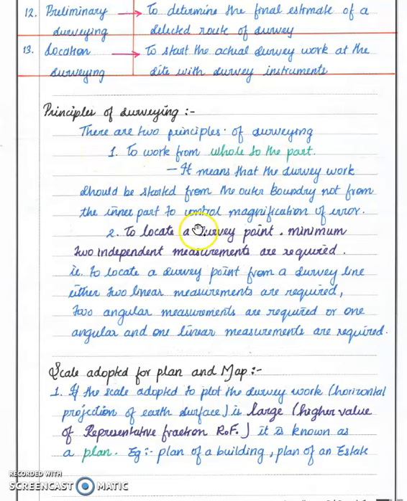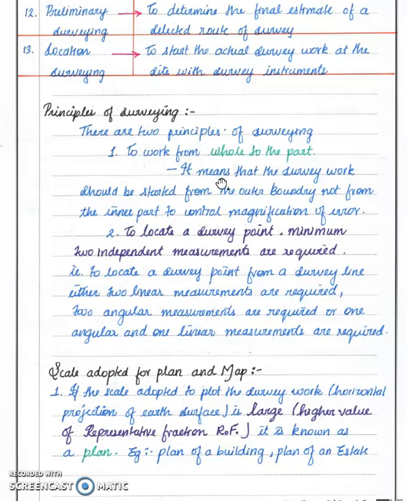Please note down, this is very important. Principles of surveying: there are two main principles. The first principle is working from whole to part, and the second one is minimum two independent measurements required. For example, whenever we conduct a survey we will get some errors.